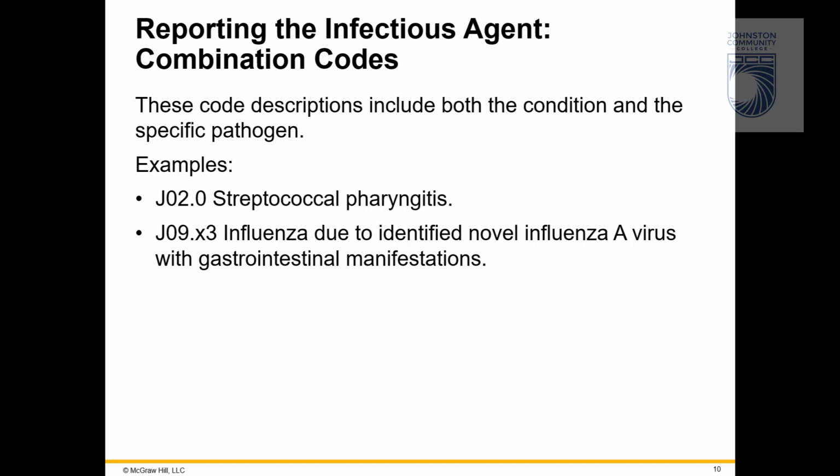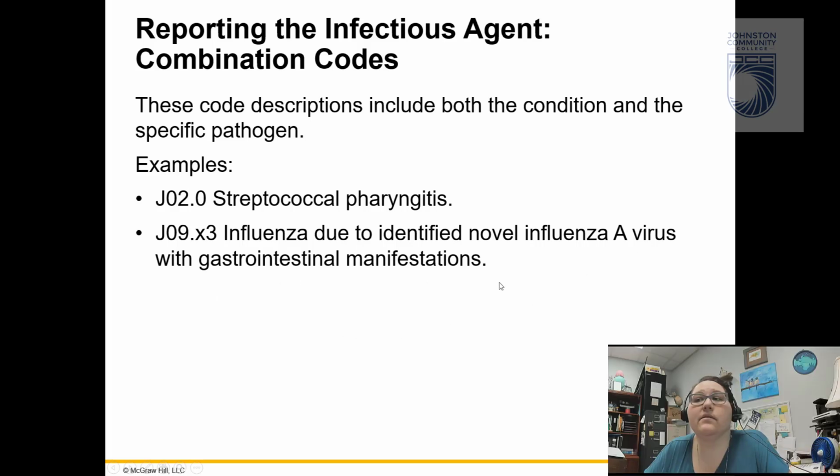So here we see a code that has streptococcal, which is causing the pharyngitis. And here we have the influenza that is due to the novel influenza A virus, also presenting with gastrointestinal manifestations.